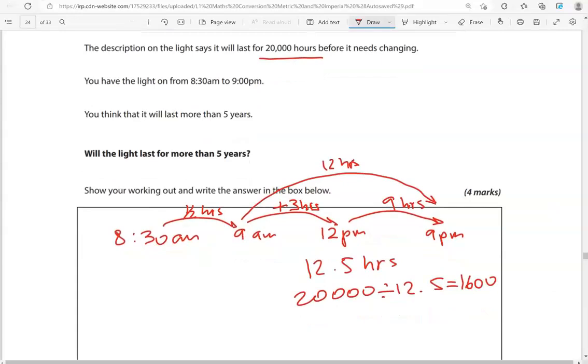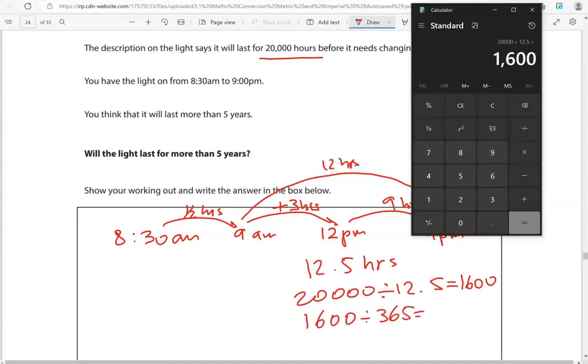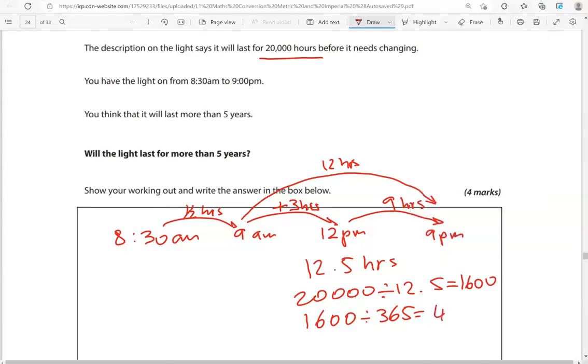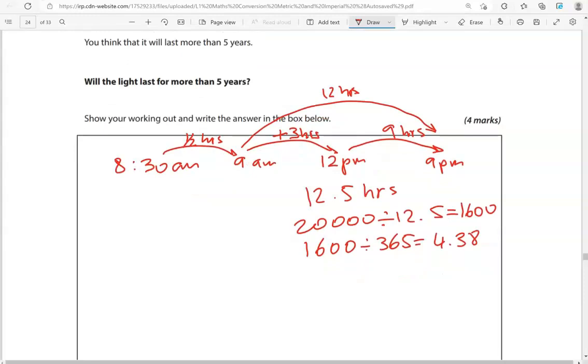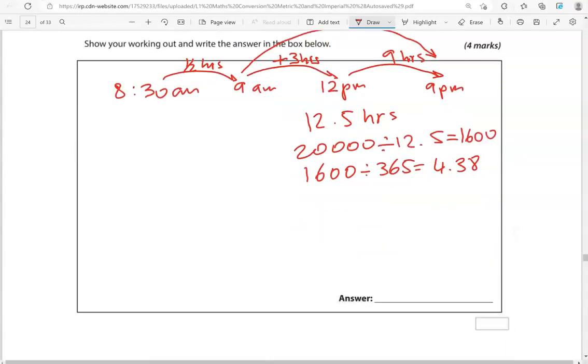Now we know that there are 365 days in a year, so 1,600 divided by 365 will give us how many years, which is 4.38 years. So that is less than 5 years. Will the light last for more than 5 years? We're going to say no.